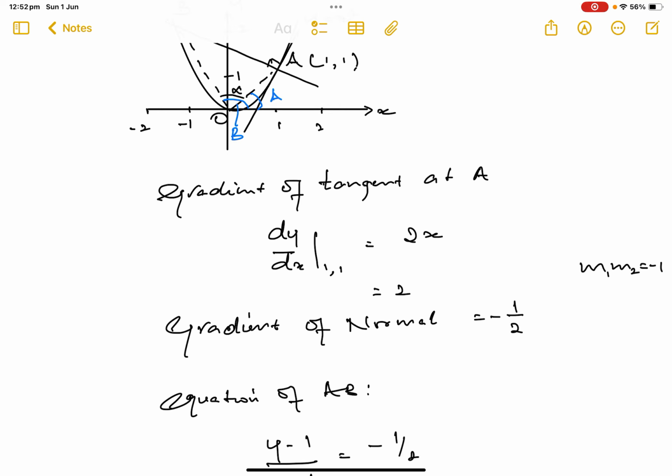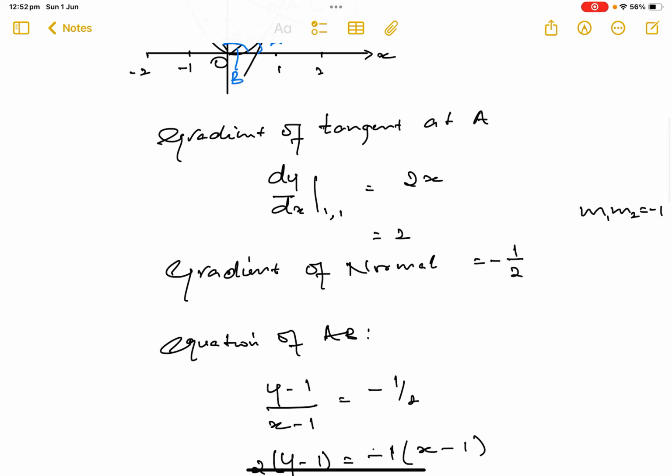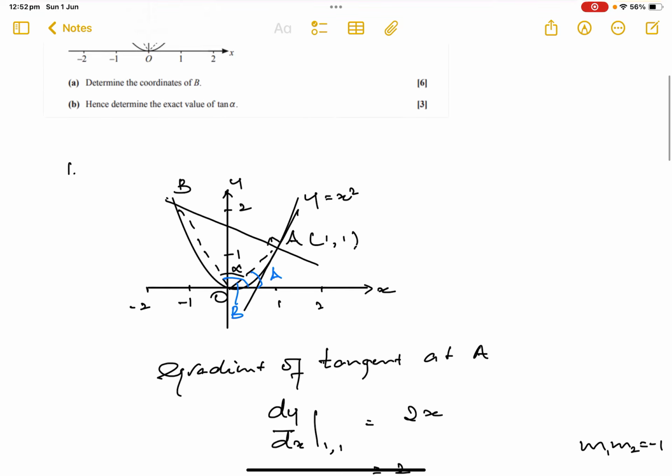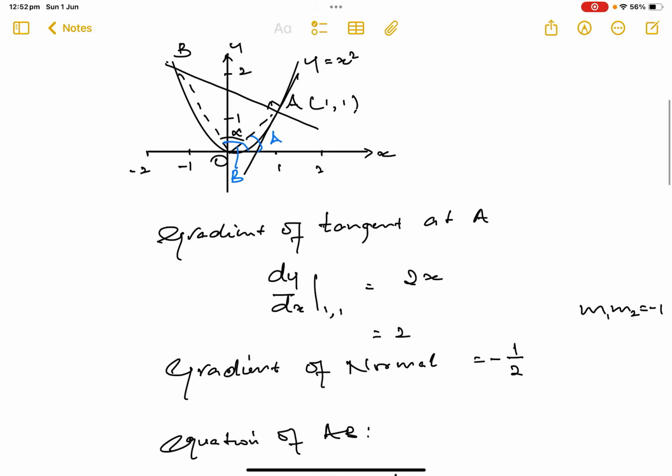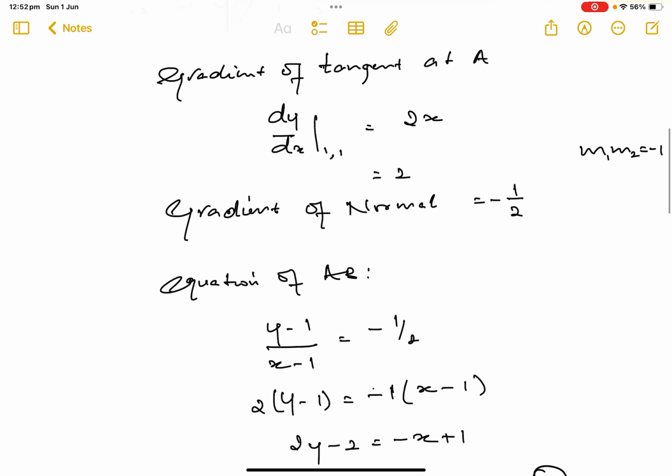We know the curve equation, so dy over dx at the point (1, 1) will give us the gradient of the tangent. dy over dx is simply 2x, since the derivative of x squared is 2x, and substituting 1, the gradient of the tangent is 2.